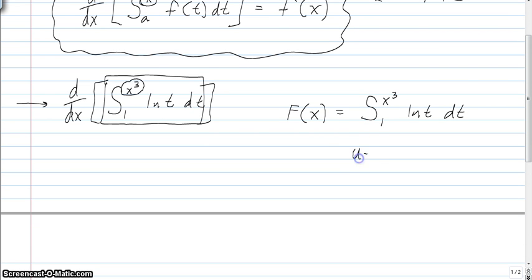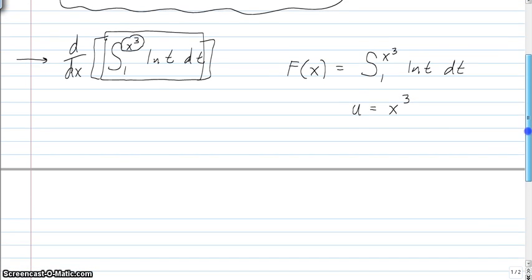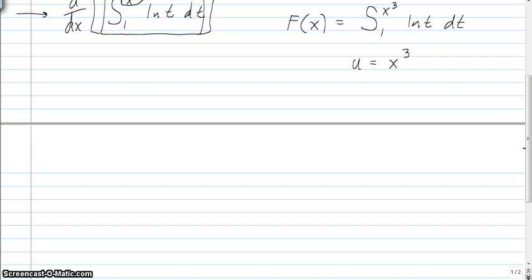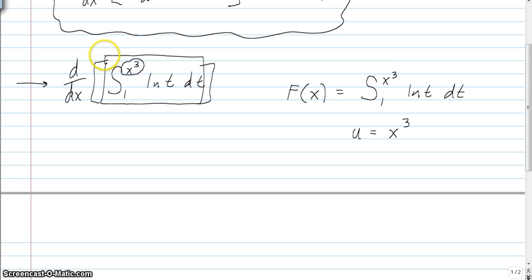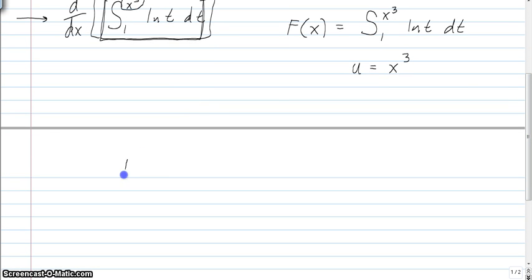And then we're going to do the substitution that u is x cubed. So what we want is the derivative of our function. In other words, what we want is capital F prime.